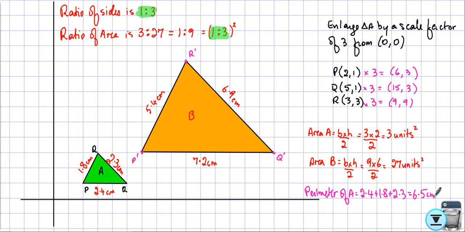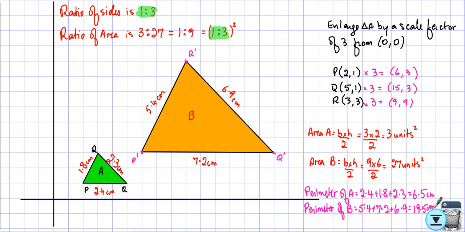Let me check again. Okay, 6.5 centimeters. We can find the perimeter of B, which is 5.4 plus 7.2 plus 6.9, which is equal to 19.5 centimeters.